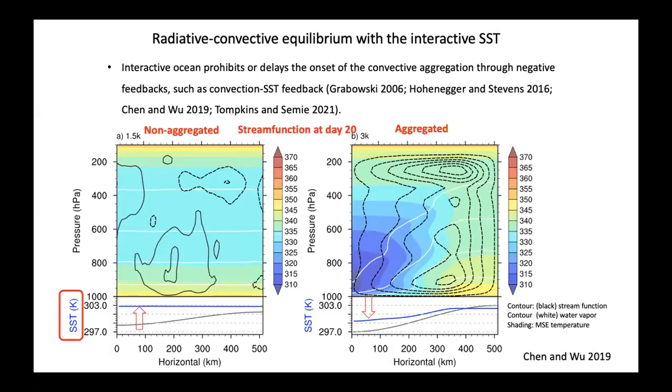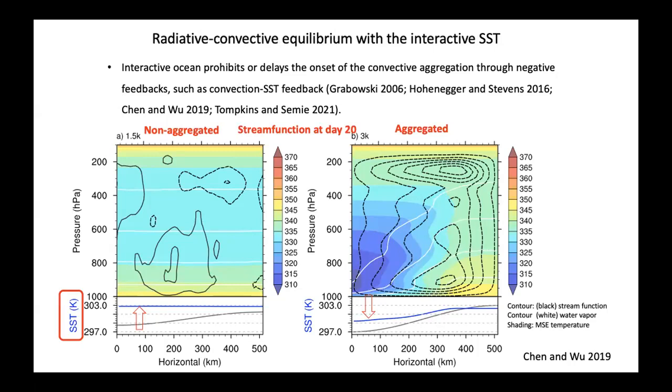Another group of people think that the radiative convective equilibrium should include interactive SST. By doing so, the interactive ocean prohibits or delays the onset of convection aggregation through processes such as the negative feedbacks of these convection SST feedbacks.